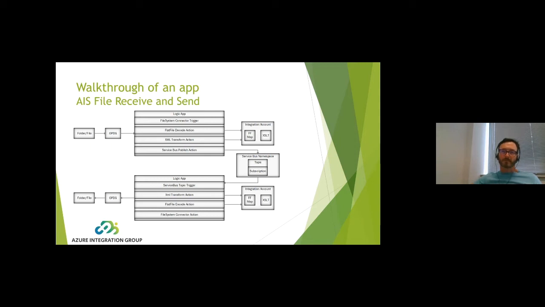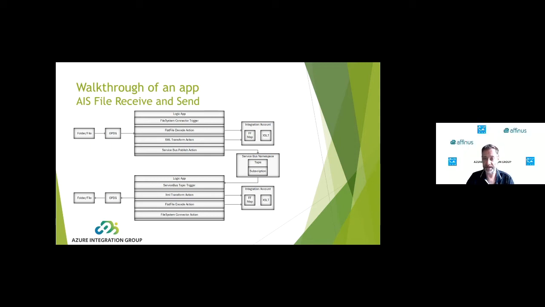Say you were running some sort of Oracle database processing on a VM, a legacy application of some sort, and it's outputting files. In order to read those into the logic app through the file system connector, you'd have to put the on-premise data gateway on your VM, which, given that that VM is in Azure, seemed a bit odd. But today it's still the way.